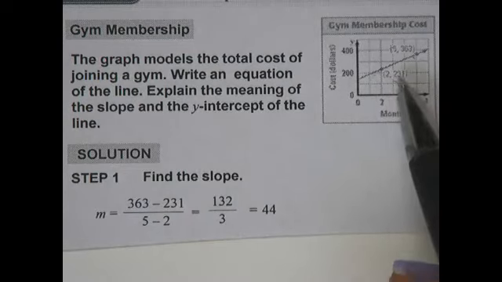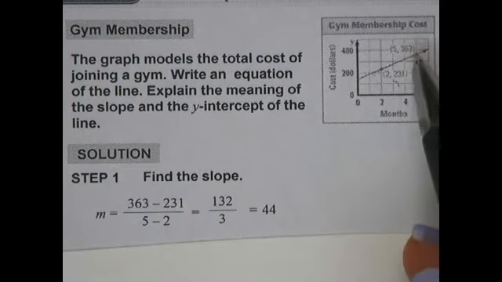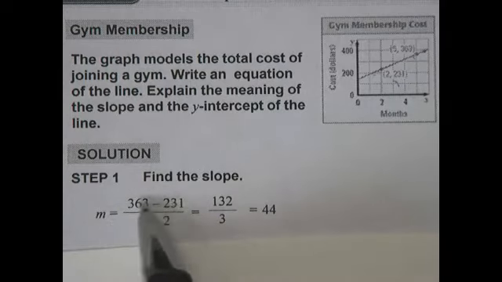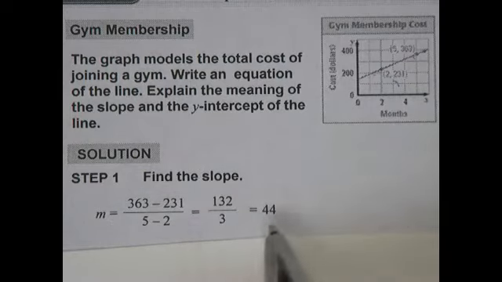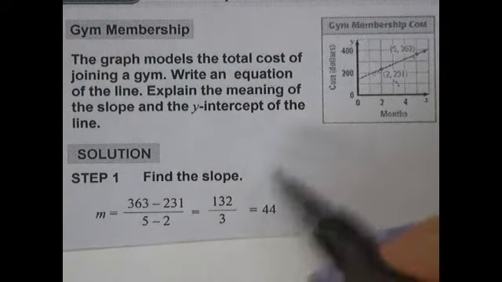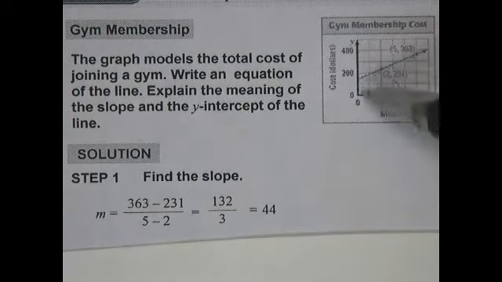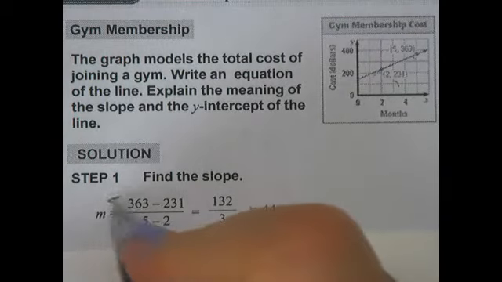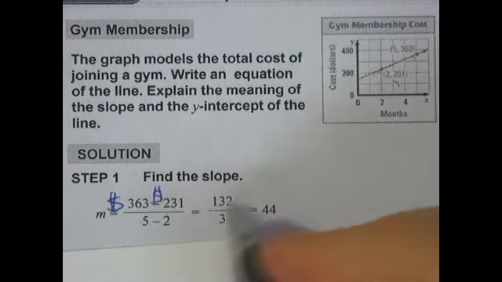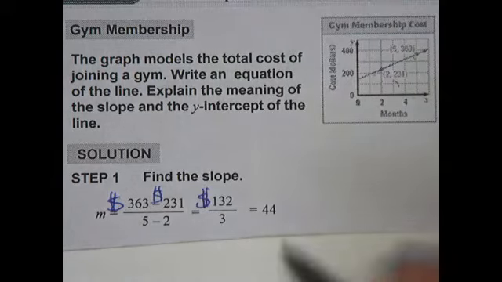So they give you the 2 points, and the first thing you're going to do is find the slope. So it's hard to read what those 2 points are, but the cost for 2 months was $231. The cost for 5 months was $363. So we do change in y over change in x to get 44.